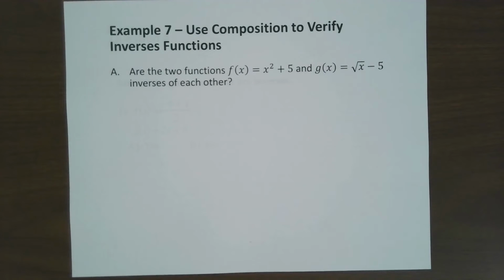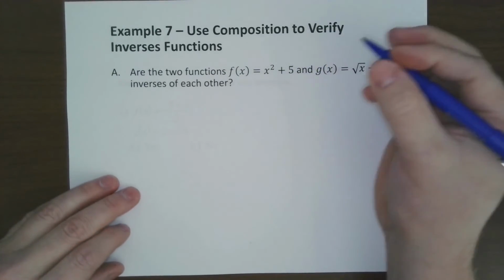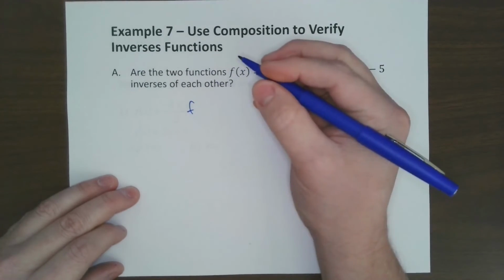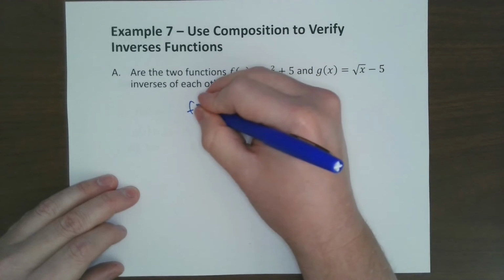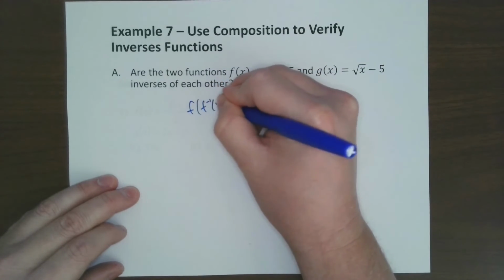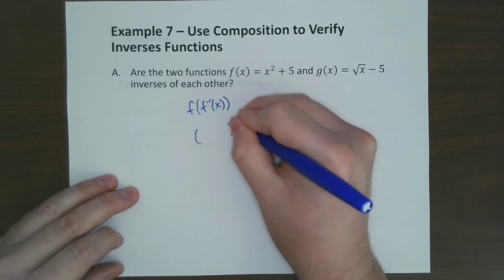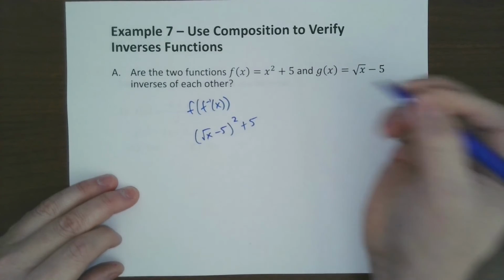So because of that, we can answer the question if two things are actually inverses or not. And the same thing, we do exactly what we just did. So I'm going to do f of f to the negative 1 of x. So f of x is parenthesis squared plus 5. Then we're going to plug in square root of x minus 5.